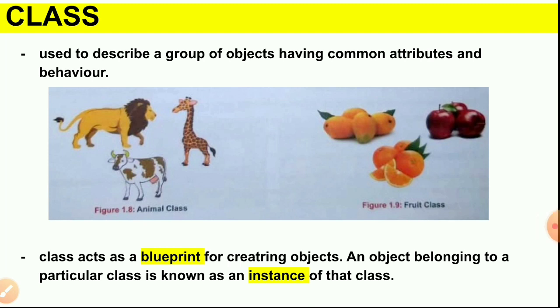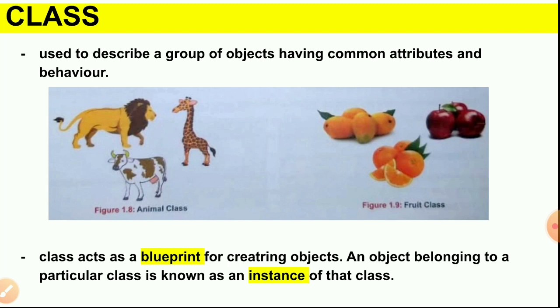What are attributes? Attributes are the properties that an object can possess, and those attributes are represented in the class as attributes. And when you assign specific values to those attributes, the attributes are known as state of the object, isn't it?